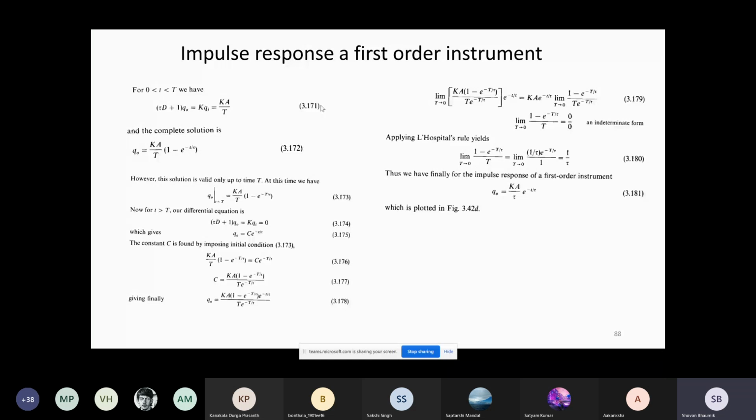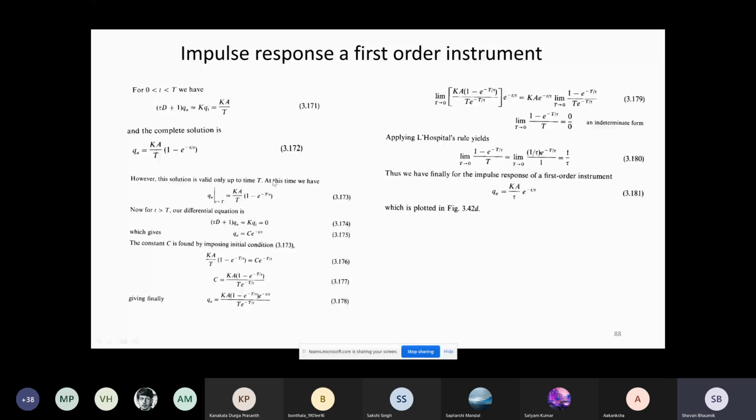This solution is only valid up to time capital T, because we considered small t between 0 and capital T. So at small t equals capital T, we have q0 equals K A by T into 1 minus e to the power minus T by tau.